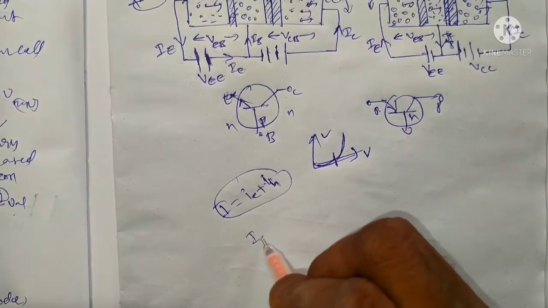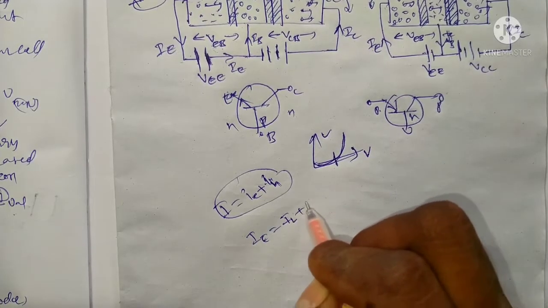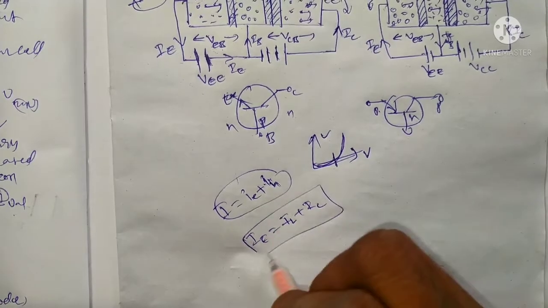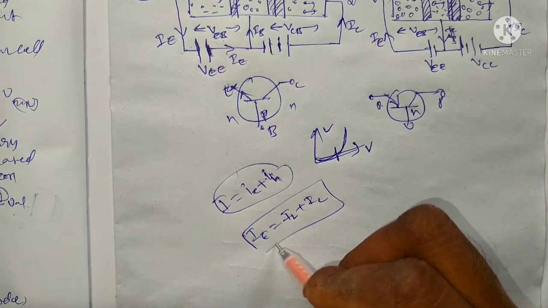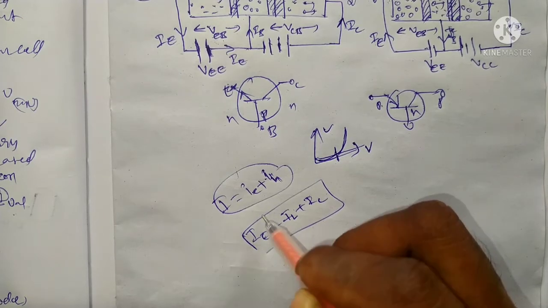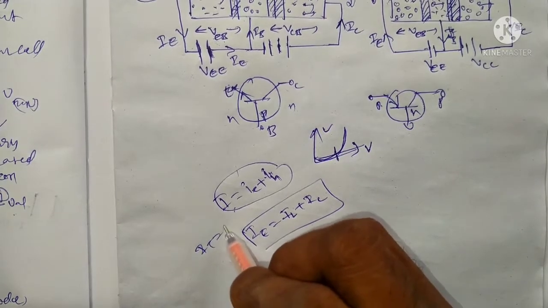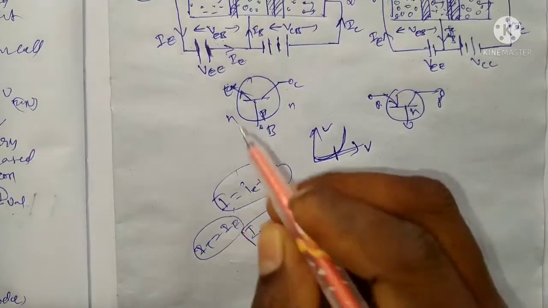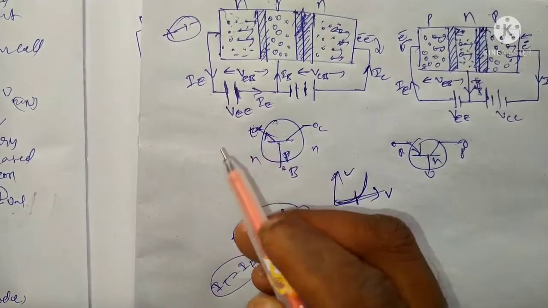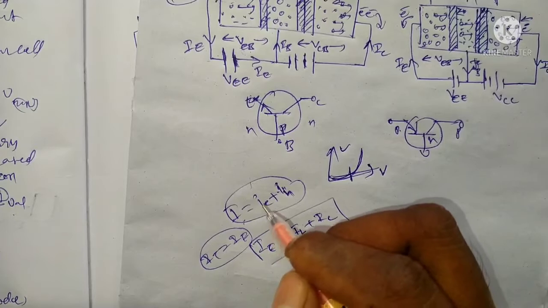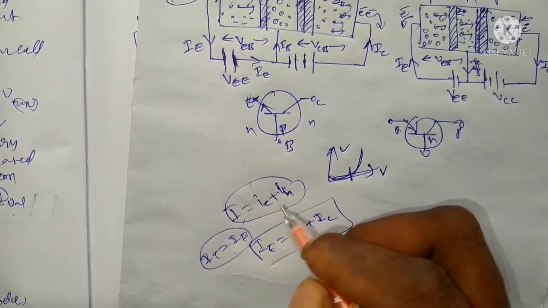Here the total current is called the emitter current. The emitter current IE is equal to the sum of the current due to electrons and the current due to holes.